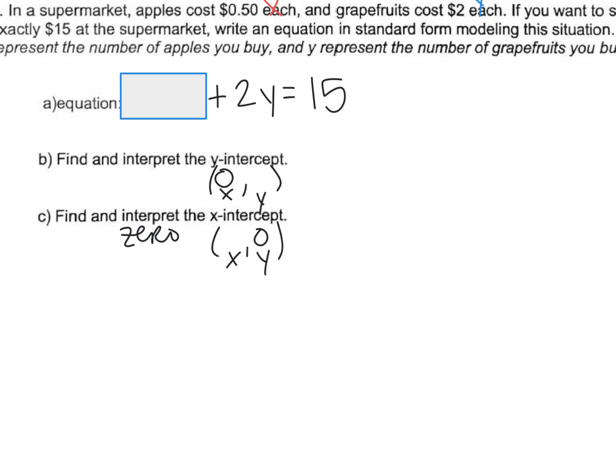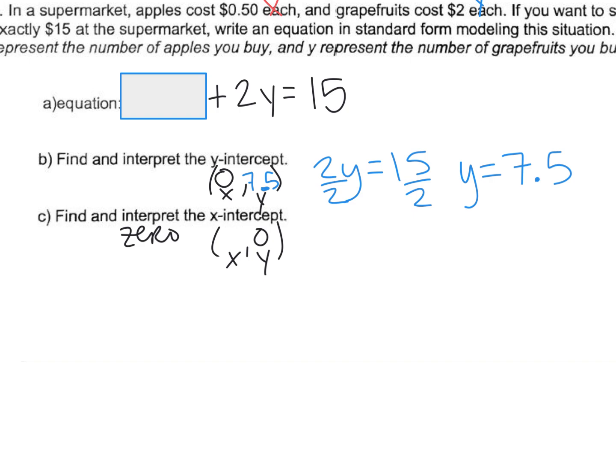So, if I write 2y equals 15, how do I solve for y? Divide by 2. Use your calculator. Y equals 7.5. What is y representing? Apples or grapefruits? So this means, well, actually, we'll talk about what it means in a minute.